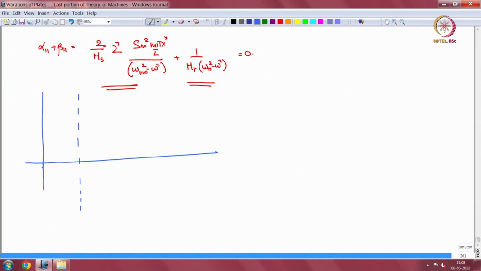Let us say this alpha 1 behaves like this. This goes up here. Then this goes up here.